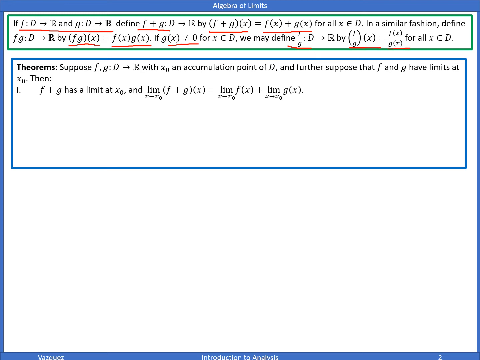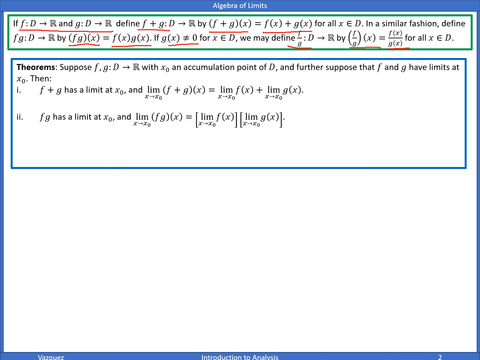Then f plus g has a limit at x naught, and that limit, as x goes to x naught of f plus g of x, is the limit of f of x as x goes to x naught plus the limit of g of x as x goes to x naught. Intuitively, or rather from calculus, you should already be thinking, oh yeah, I remember this to be true. Same thing with the product.